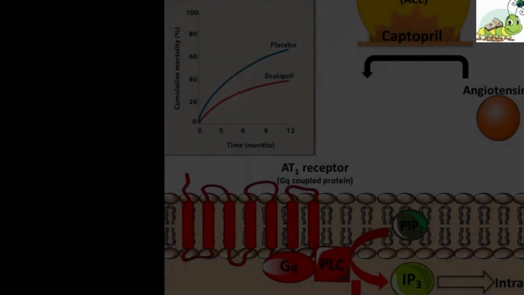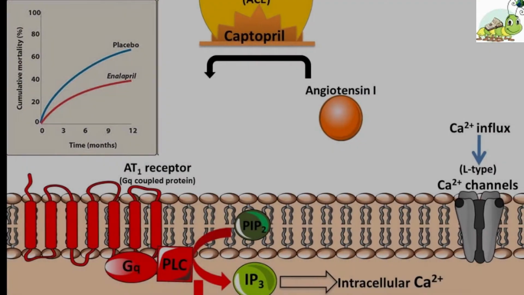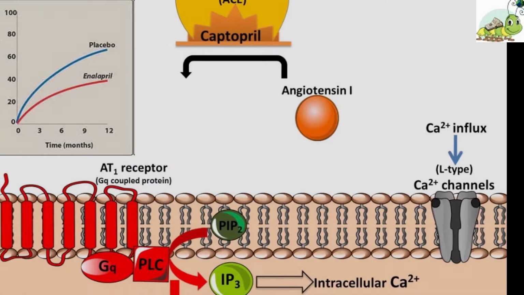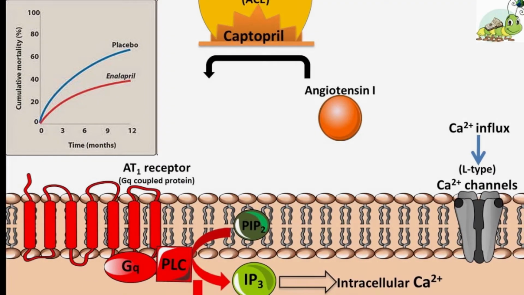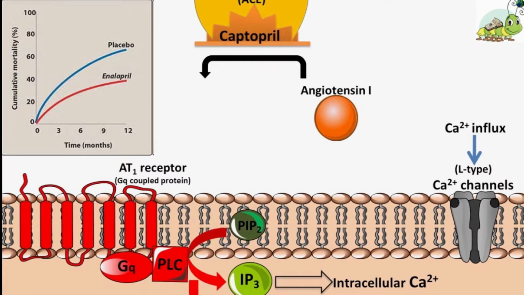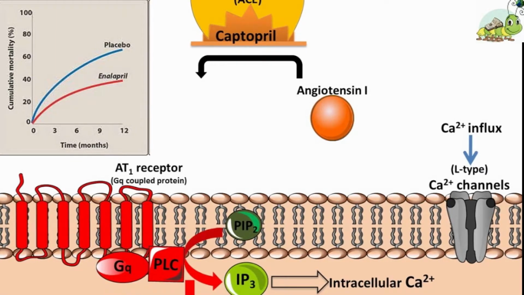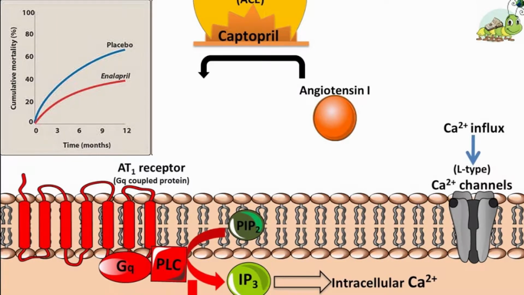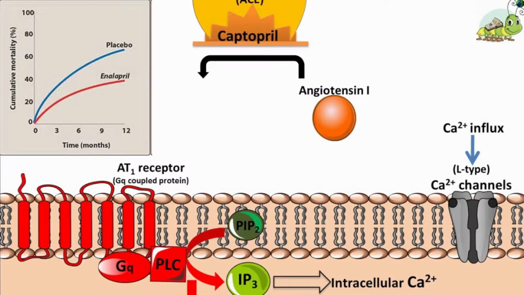The use of ACE inhibitors in the treatment of HF has significantly decreased both morbidity and mortality. For example, the ACE inhibitor enalapril decreases the cumulative mortality in patients with congestive heart failure.